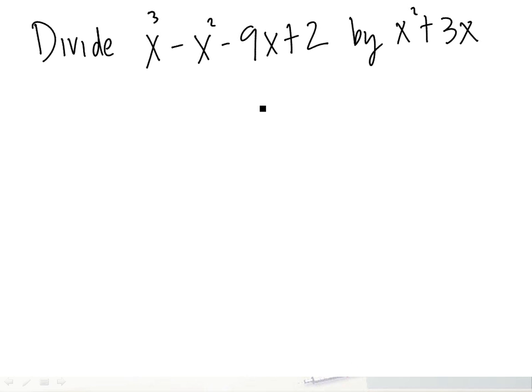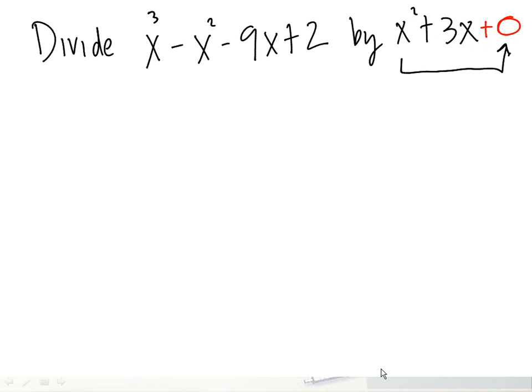But what I noticed right off the bat is that the divisor is missing a number. It usually has a number, but it doesn't have that number. So I'm going to put a placeholder there. Let's put plus 0, just a little fake number. That did not affect the problem. We didn't do anything illegal. X squared plus 3x plus 0 is the same thing as x squared plus 3x. That's how you know you can do it.